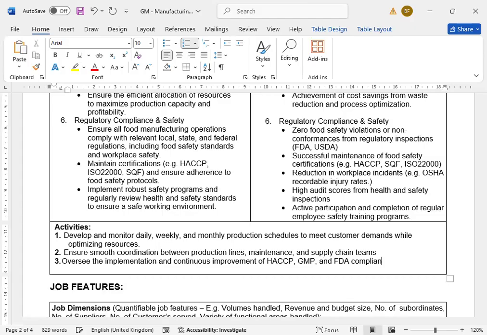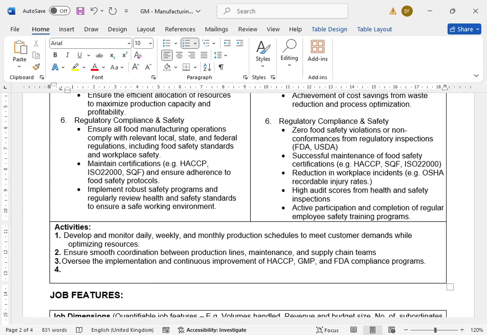Compliance programs. I will add programs. Compliance programs.